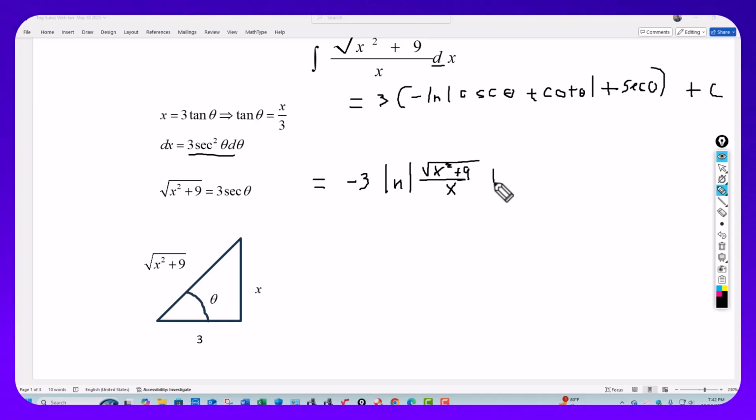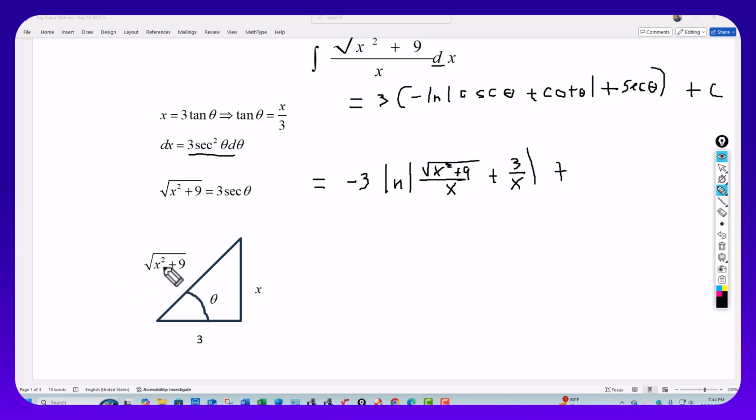And then it's plus cotangent. Now, cotangent is the adjacent over the opposite, just the opposite of tangent, which is x over 3. So cotangent of theta is 3 over x. Then it's plus secant of theta. Secant of theta is the hypotenuse, square root of x squared plus 9, over the adjacent side, just the opposite of cosine.